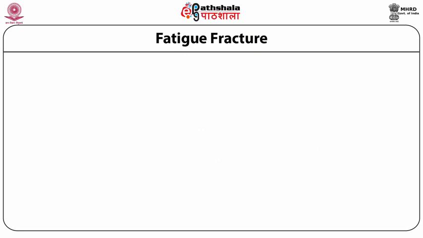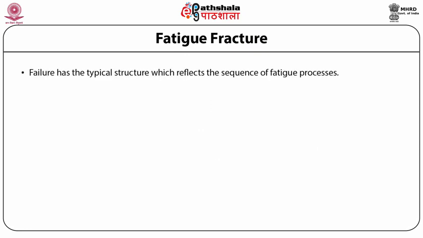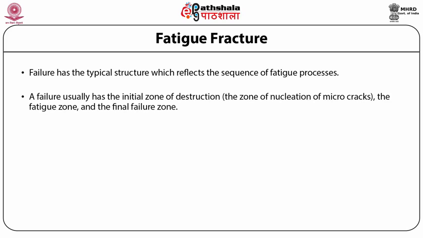The fourth one is that fatigue failure has a typical structure which reflects the sequence of fatigue processes. A failure usually has the initial zone of destruction, that is, the zone of nucleation of micro cracks, the fatigue zone, and the final failure zone.